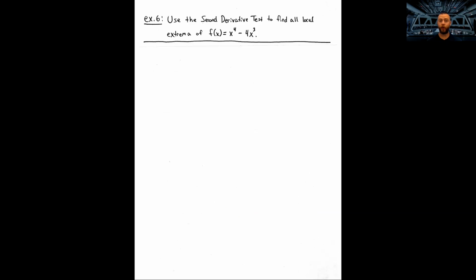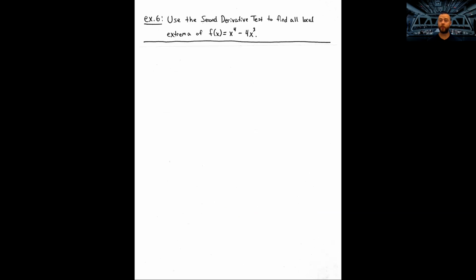All right, let's take a look at one last final example just on applying the second derivative test. We call the local maximums and local minimums all together local extrema. So the question here asks, find all local extrema, and I want you to do it using the second derivative test. So I'll give you a little bit of time to try this.